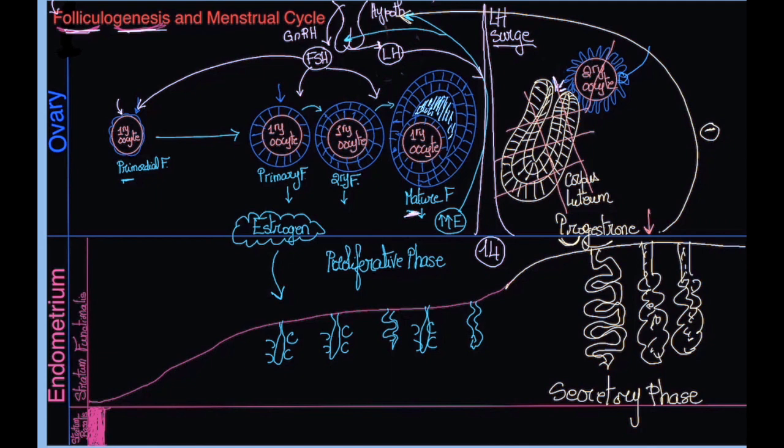So again, what we've seen so far: during the proliferation of the follicle, I am releasing estrogen, and remember, estrogen will enhance the glandular formation and the blood vessel formation of the stratum functionalis of the endometrium. On day 14 of the menstrual cycle, what happens in the ovary? We're going to be releasing large amounts of estrogen from the Graafian follicle.